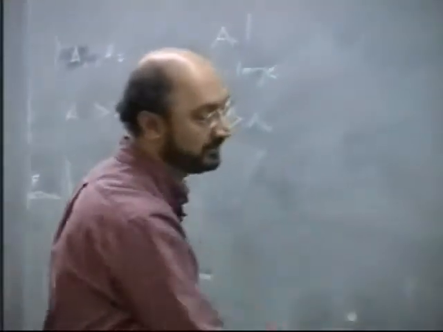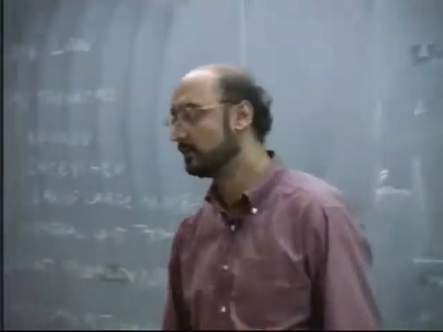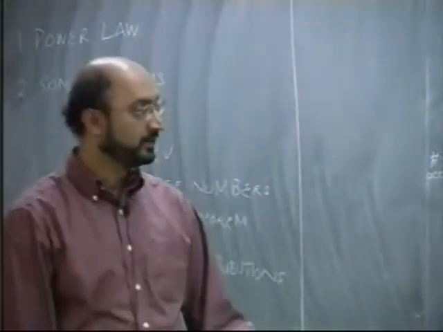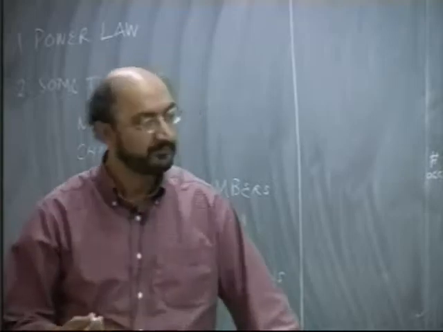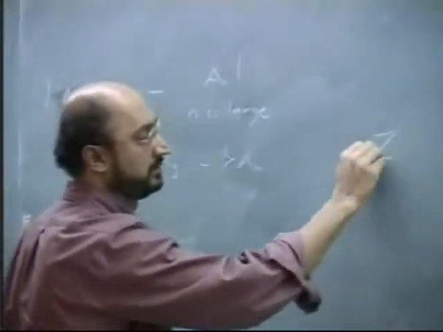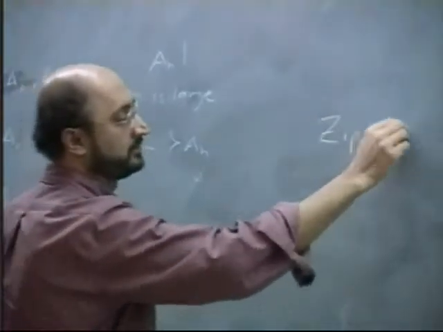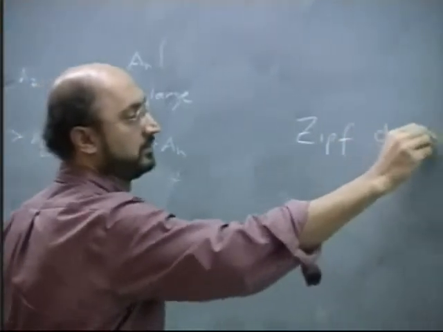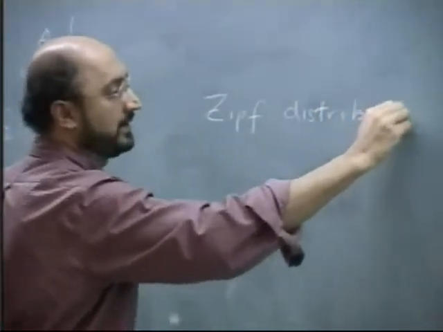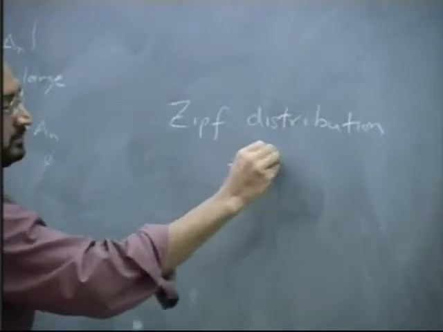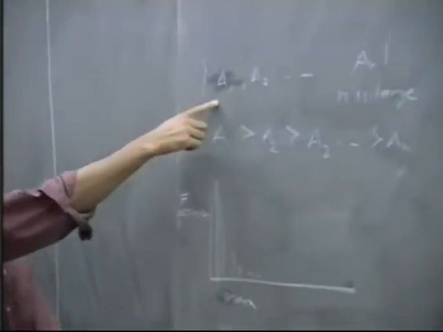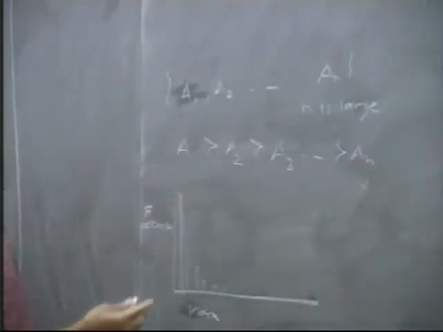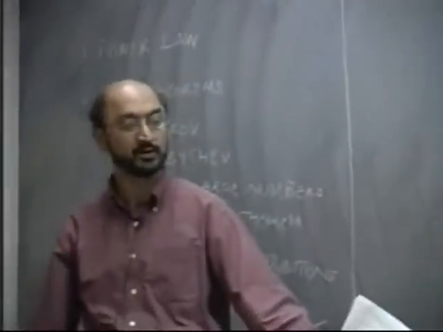So in these kinds of situations, we see what's called the power law. Now I should mention that there are actually two related rules. One is called Zipf's law, or the Zipf distribution. And that's discrete. That's exactly what I've been showing over here, the discrete distribution where the domain is essentially the set of objects in the ensemble, and we're looking at the number of accesses to each.